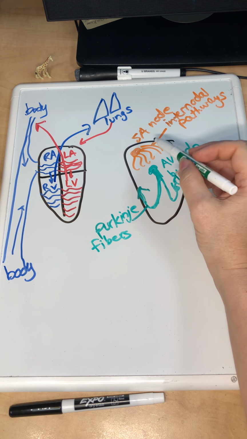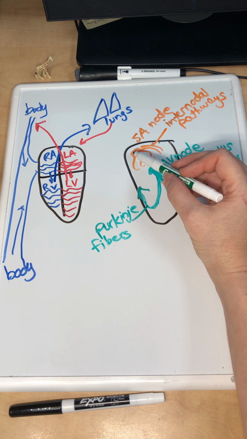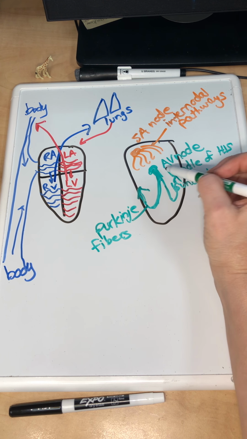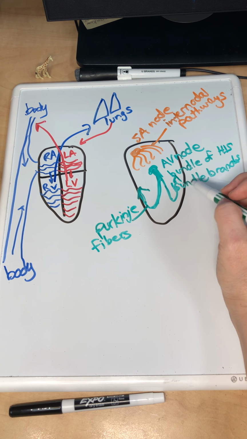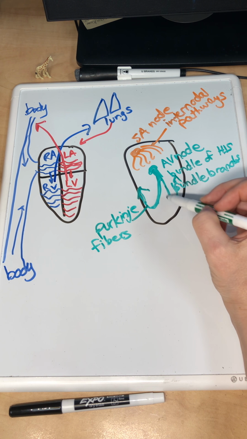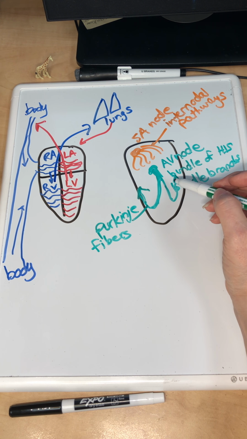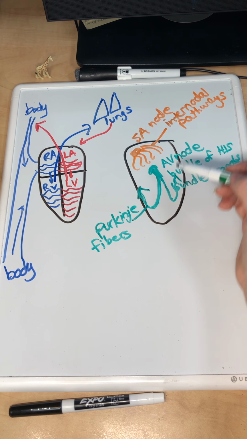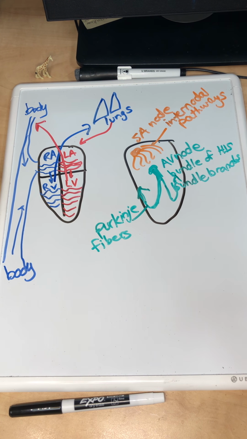So once again, it starts in the SA node, our pacemaker, and then travels through the internodal pathways. The AV node picks it up, then the electricity travels through the bundle of His, down through the bundle branches, and then up through the Purkinje fibers. And does it have to travel in this sequence? Yes, it absolutely does, because you need the electricity to generate an actual muscle contraction.